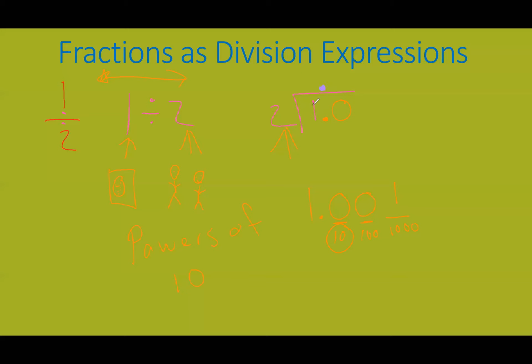Now, 1, can I share it? Nope. So that's going to be my 0. And now I have a number that says 10. What's 10 divided by 2? It's 5, right? 5 times 2 is 10, and now I'm at 0. So here's my decimal. 1/2 equals 1 divided by 2, which is equal to 5/10.